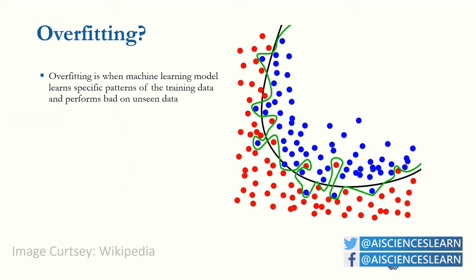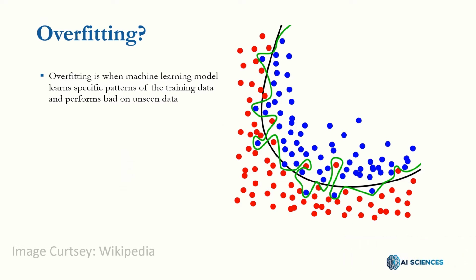So let's start with knowing what is overfitting. Overfitting is when a machine learning model learns specific patterns of the training data and performs badly on unseen data. For example, as shown in this figure, there are two classes.